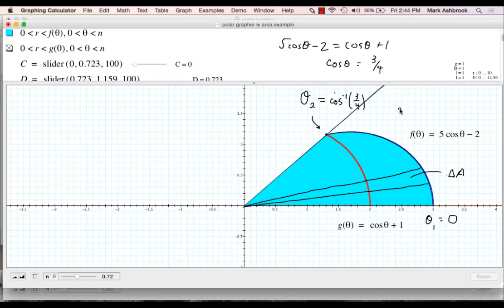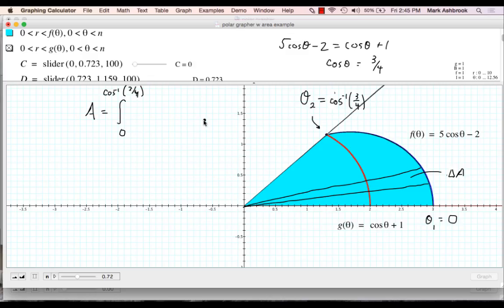All right, can you set up the expression for the turquoise area? Can you do it? So it's going to be an integral from what to what? 0 to arc cosine 3/4. And now the question is, what goes inside here?